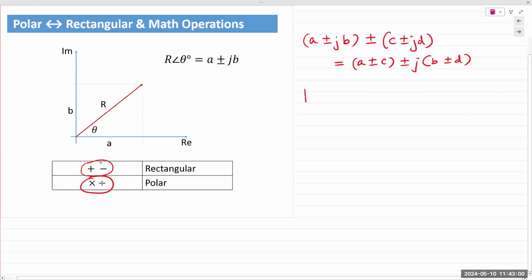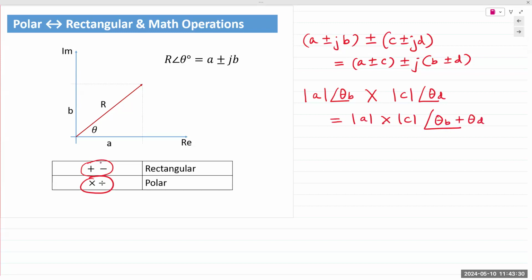If you're multiplying two numbers, let's say magnitude A, phase B, multiplied by magnitude C, phase D, the magnitudes are multiplied and the phase angles are summed up.